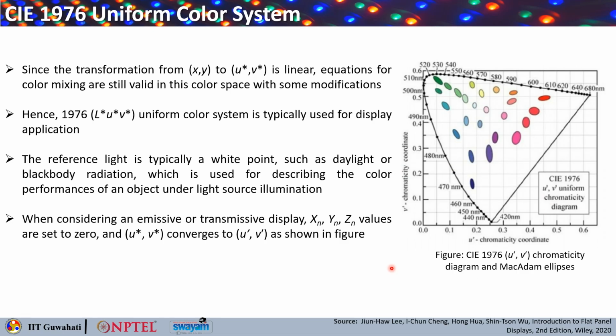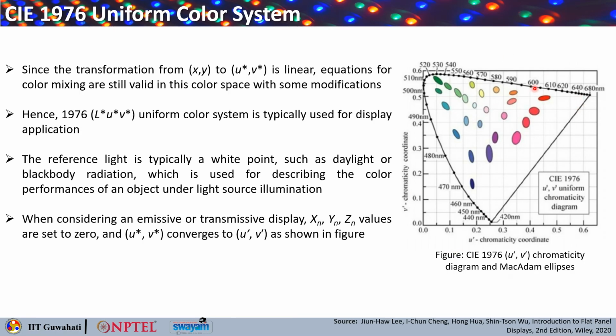Now, when considering an emissive or transmissive display, your xn, yn and zn values will be set to 0, because you do not have a reference light source, because the light is inside and it is a transmissive display. In that case, your u star and v star converge to this u prime and v prime that is shown in this figure.